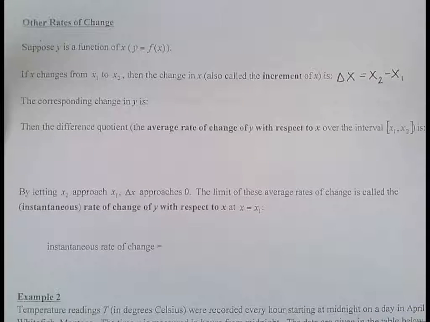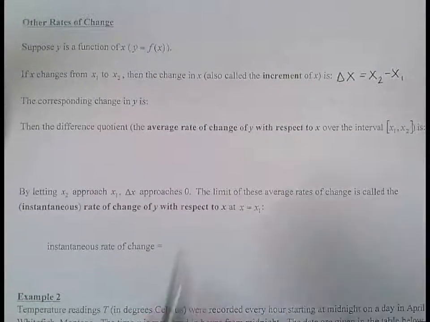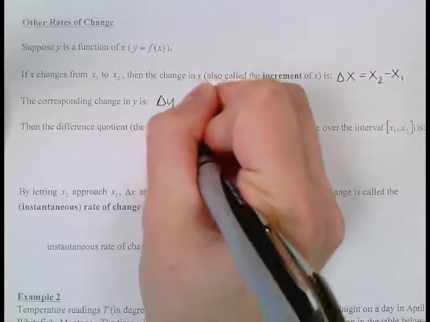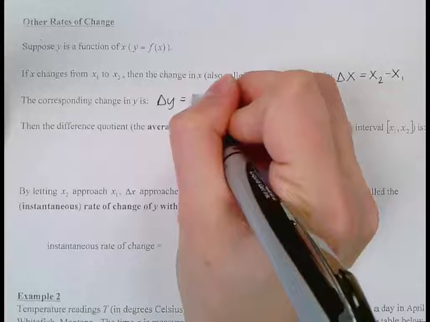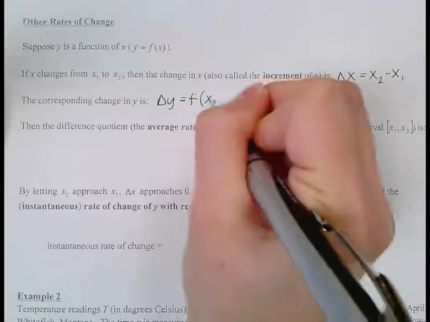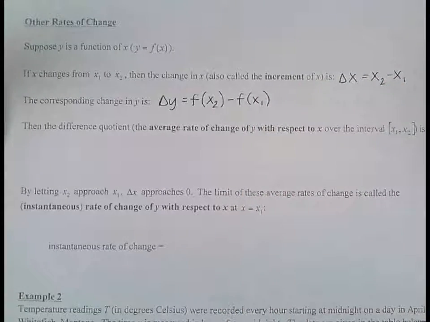And then the corresponding change in y, so y is the function evaluated at those x values, we could represent with delta y, but that would be the function evaluated at x sub 2, so f of x sub 2 minus f of x sub 1.